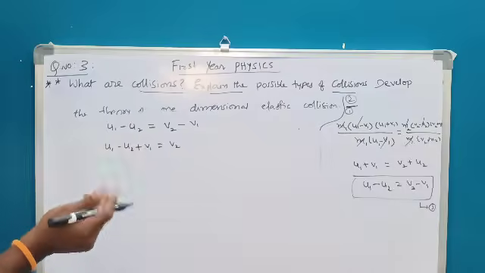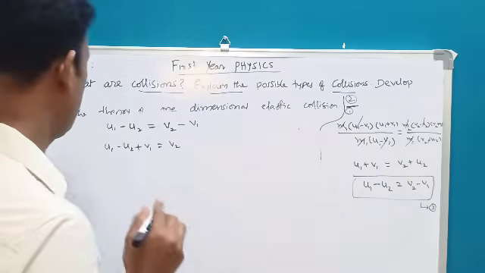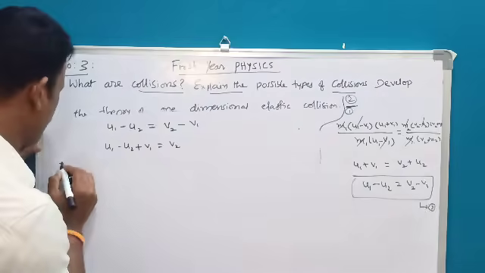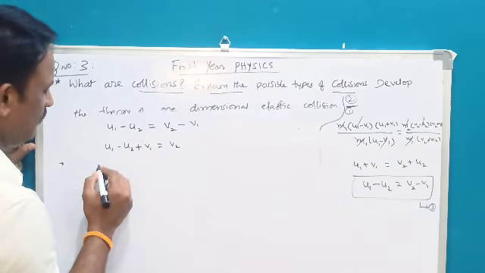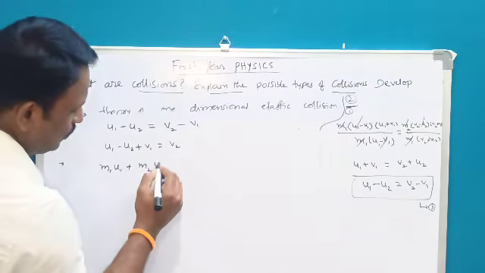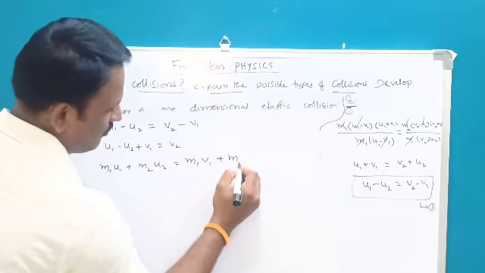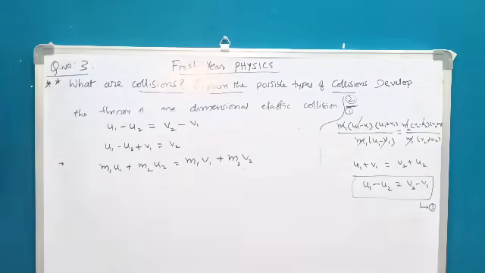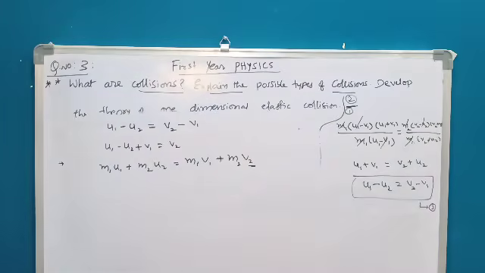Now substitute this value in equation 1, the one we have taken from the law of conservation, where we wrote m1 u1 plus m2 u2 is equal to m1 v1 plus m2 v2. In this equation, substitute the v2 value.